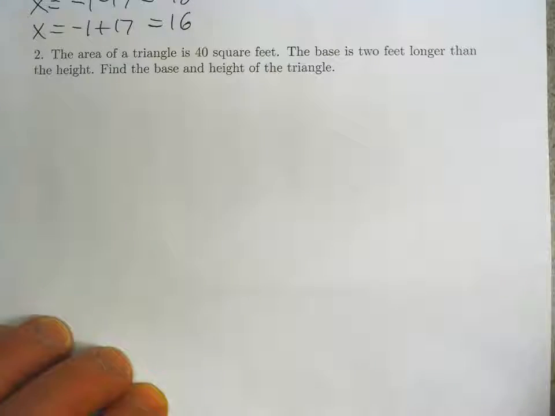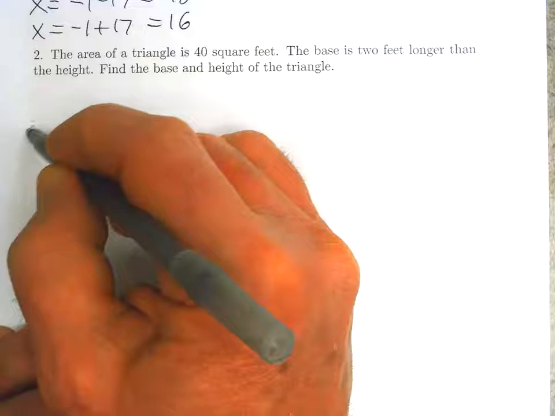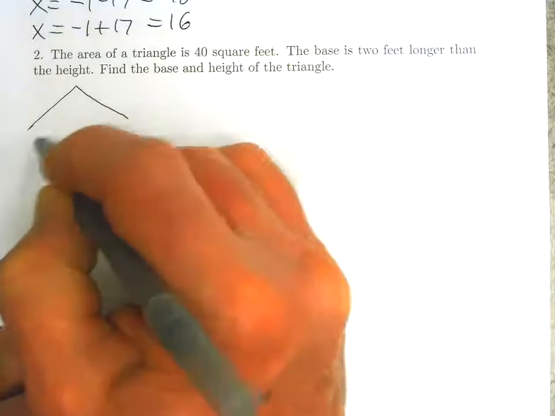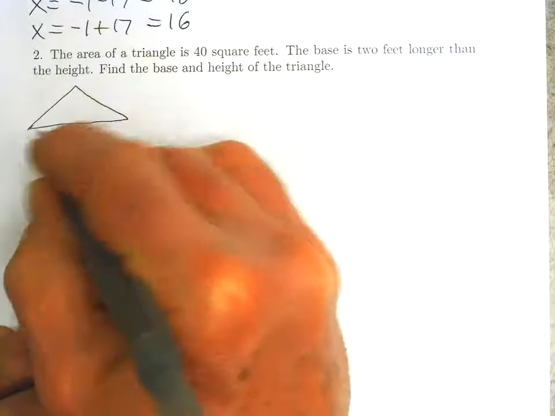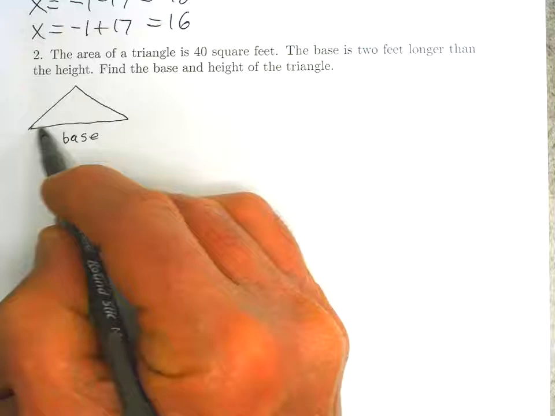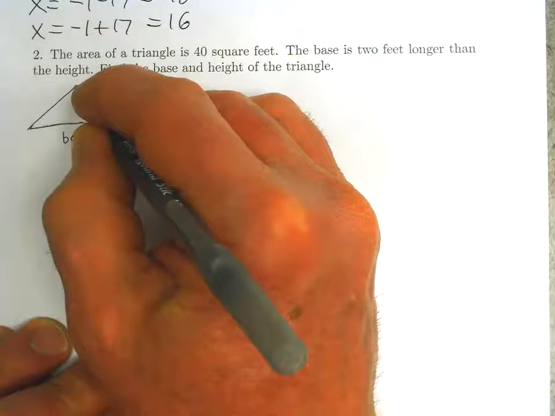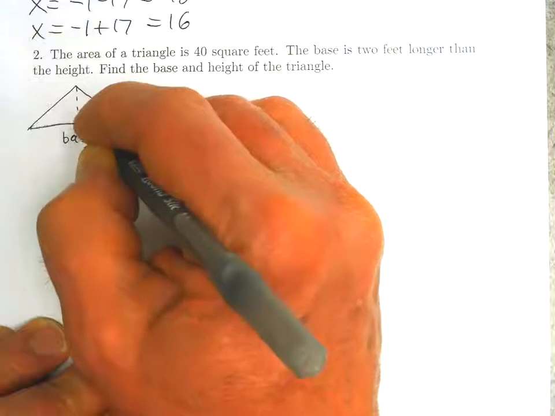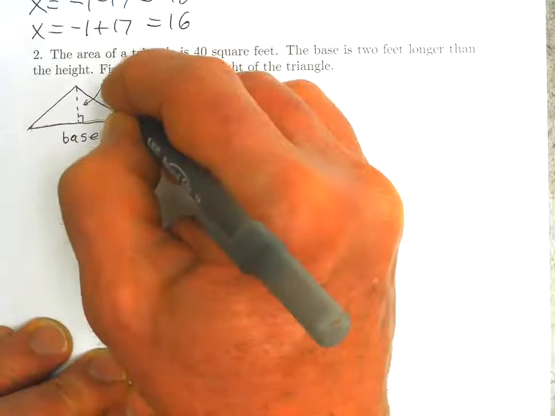So we did a triangle problem yesterday. Remember, for any triangle, we can assign one side to be the base. As soon as we assign one side of the triangle to be the base, there's just one height that corresponds to that base.